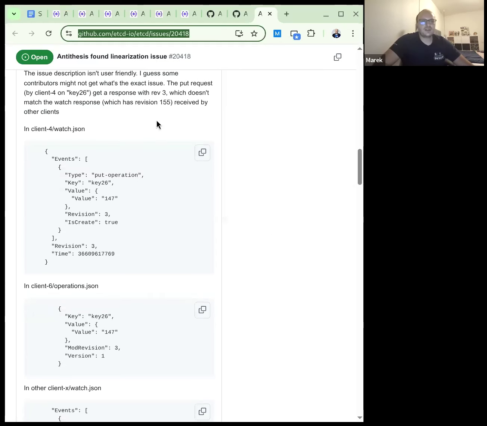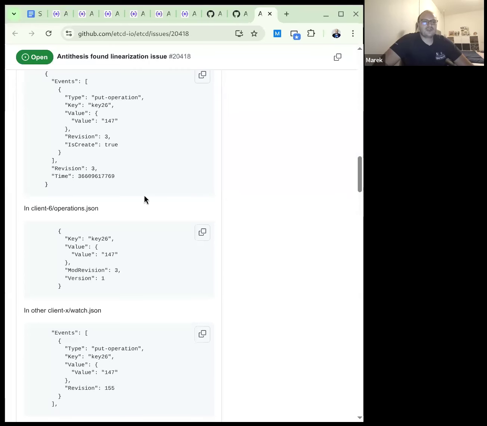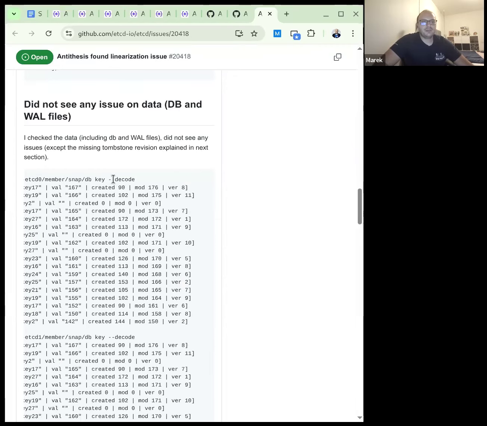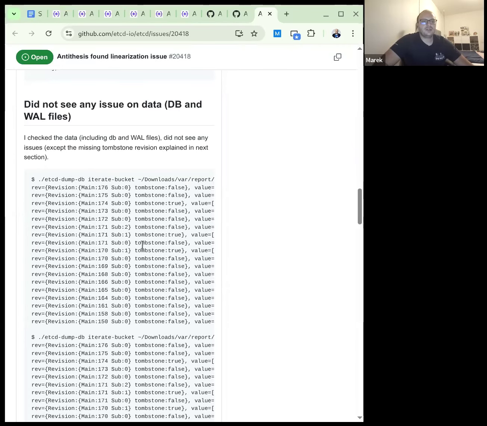First criticizing me for not doing it myself, because maybe I should, but then showing what the important parts from the report are, what the contents of the database are. Here we have documentation on robustness tests, and it shows how you can dump the database of etcd and its contents. If you ever wanted to look at how it looks, this is how it looks.